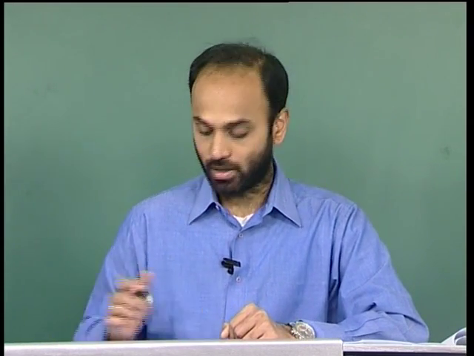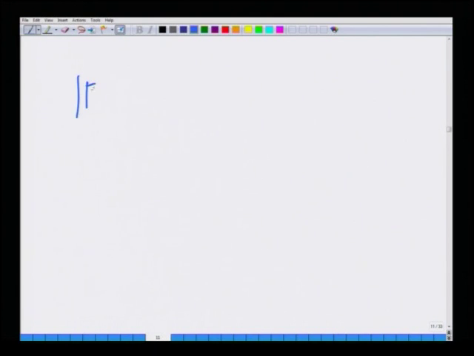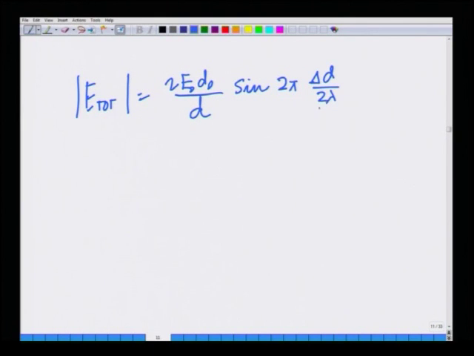Now, I am going to substitute this delta d back in the expression where we are saying magnitude E total is nothing but twice E naught d naught by d into sine of 2 pi delta d by 2 lambda. Since delta d is fairly small, this is approximately equal to 2 E naught d naught by d times 2 pi delta d divided by 2 lambda, since for small theta sin theta is approximately equal to theta.